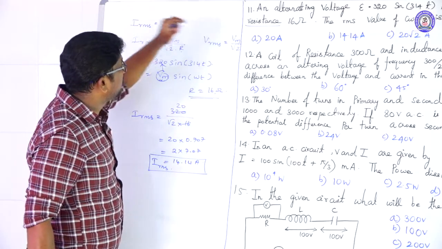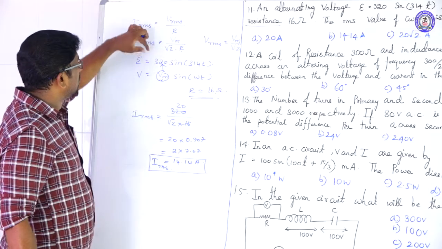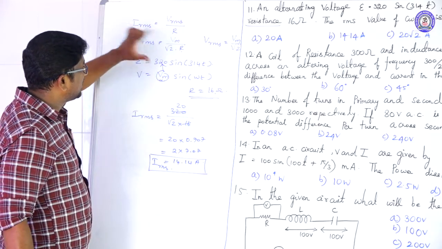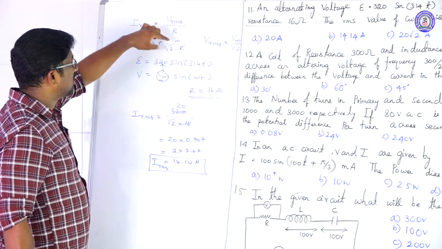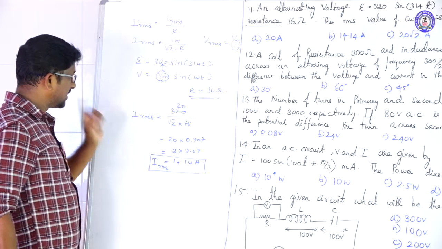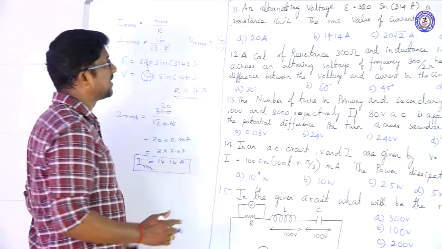Comparing these two equations, Vm value is 320 and resistance value is 16 ohm. Substitute the two values in this equation, we get IRMS value. IRMS value is 14.14 ampere.